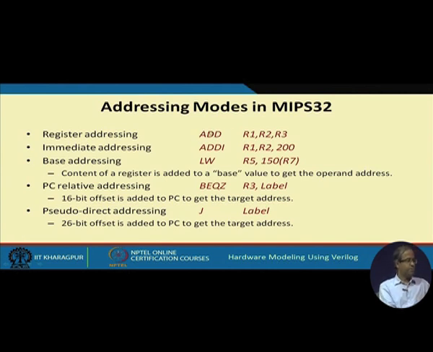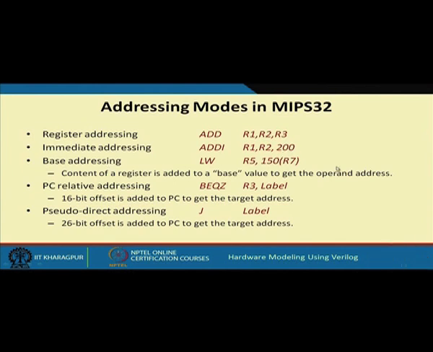So, the addressing modes that are available in MIPS 32 are very quickly summarized here. Register addressing: an example is where all the operands are stored in registers R1, R2 and R3, with the destination in R1. Then immediate addressing: one of the operands is an immediate data 200.